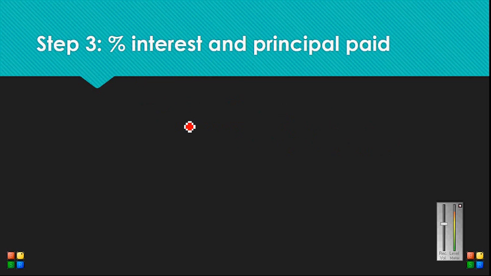Now you would have to find the percent of interest and percent of principal paid throughout this loan. So your total, I'm just going to write T for total, minus principal is equal to your interest that you have paid. So your total is, again, $16,719.60 subtracted from 12,000.